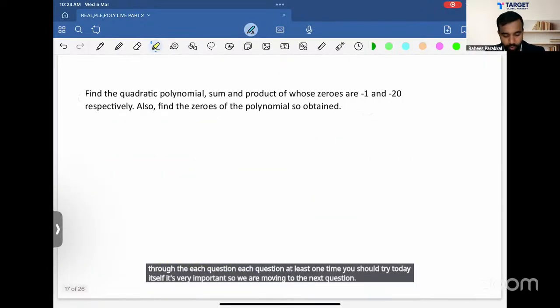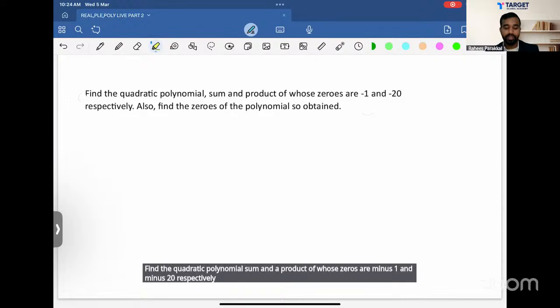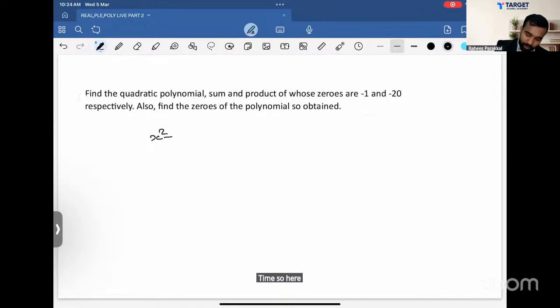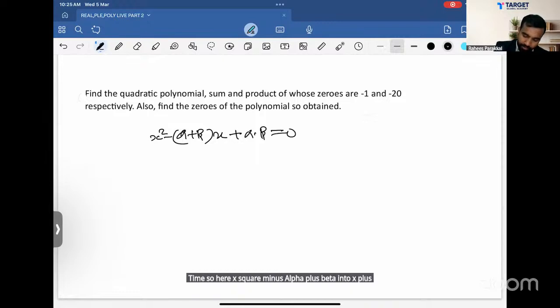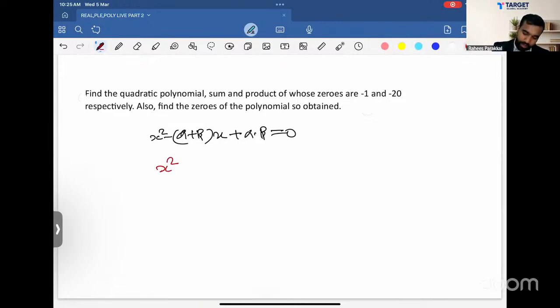Find the quadratic polynomial, the sum and the product of whose zeros are minus 1 and minus 20 respectively. Also find the zeros of the polynomial. So here, x square minus (alpha plus beta) into x plus alpha into beta equals 0. The sum is minus 1 and the product is minus 20.